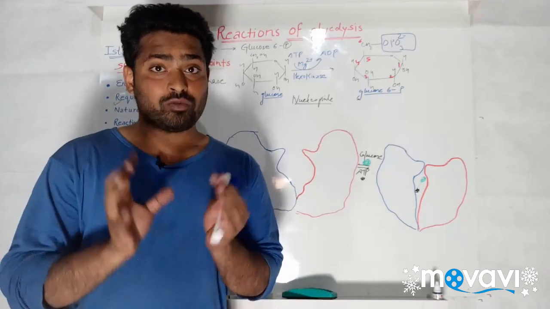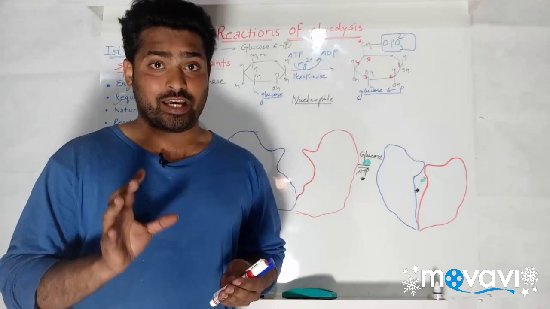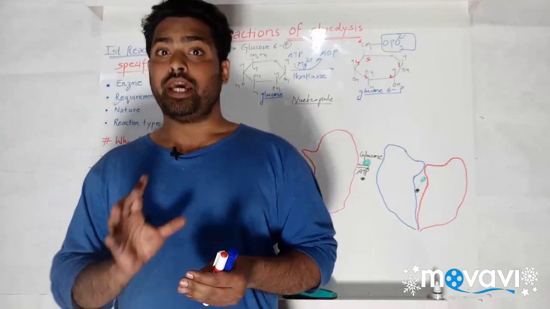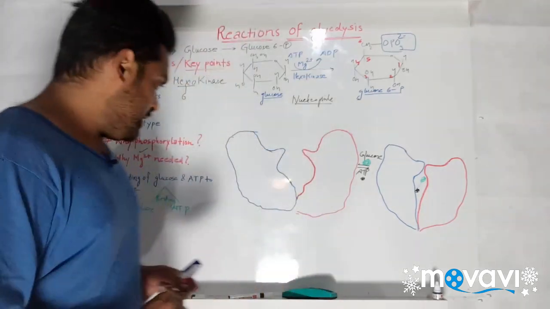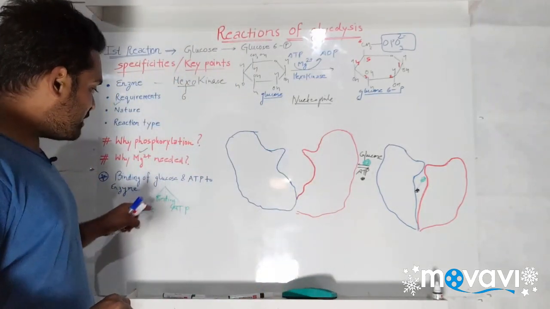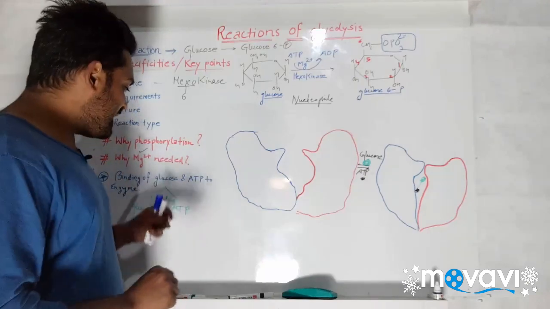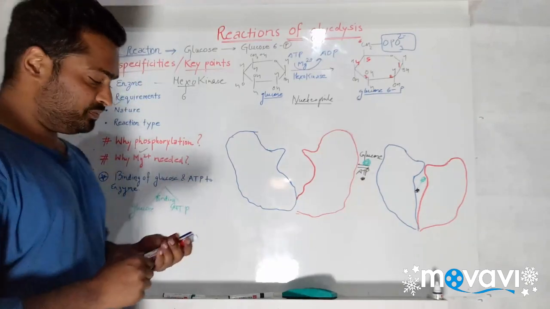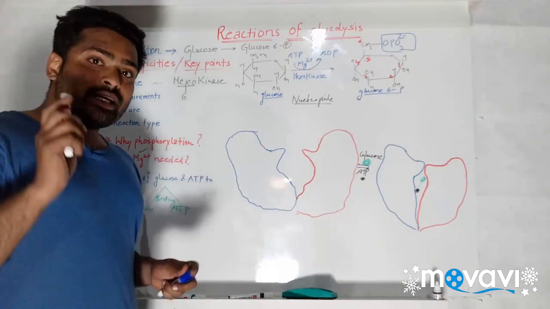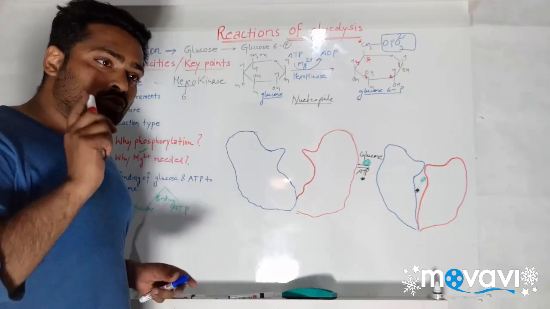There would be some conformational changes in the enzyme when it binds to glucose and ATP. So there are two scenarios. First is when it binds to glucose, and the second when it binds to ATP. Now we are going to discuss what happens when it binds to glucose.